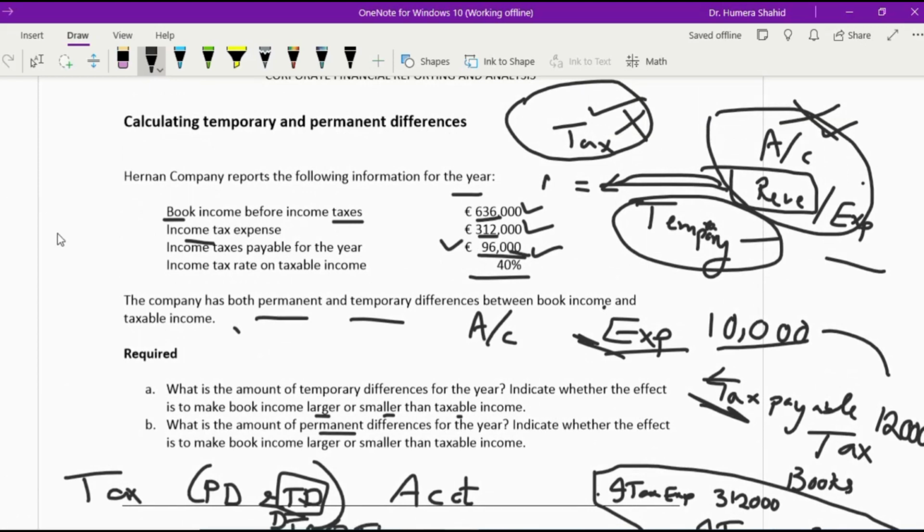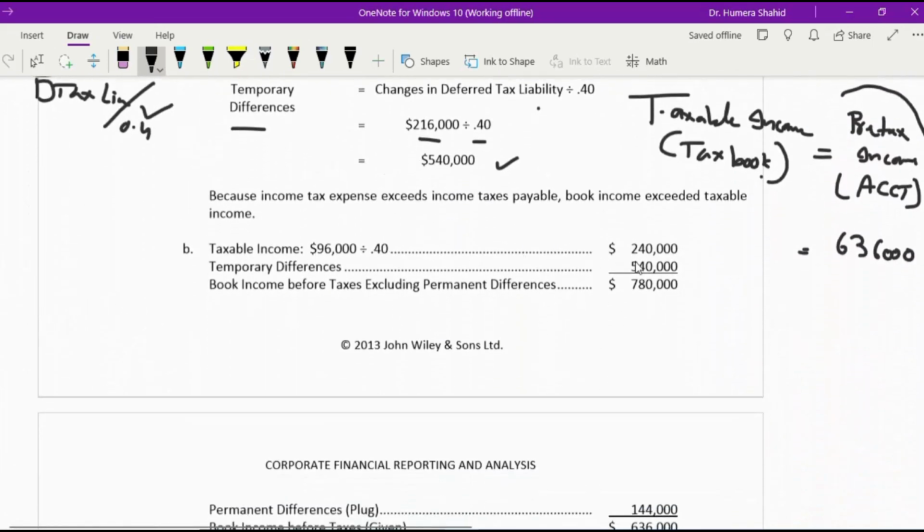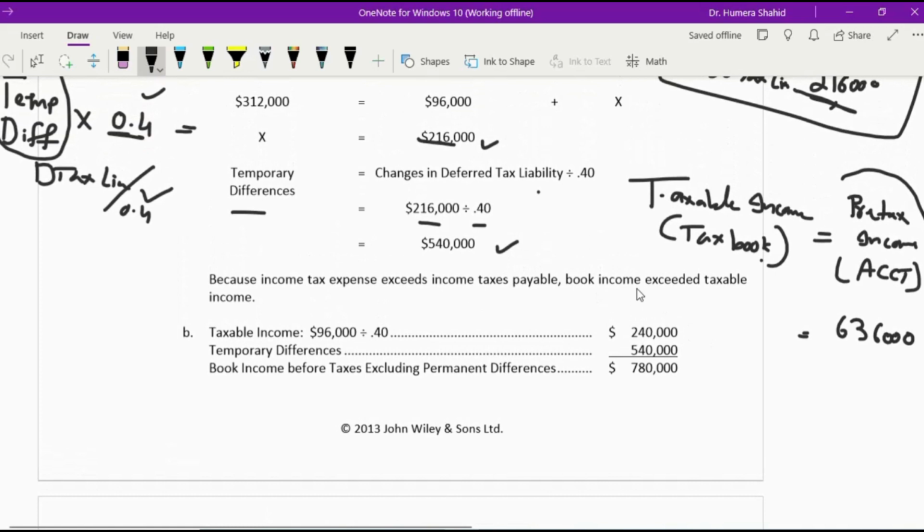So whatever was taxable income in the tax book, I multiplied that with the tax rate, and I get 96,000, right? So if I want taxable income, I can divide 96,000 by 0.4 and get my taxable income. When I simplify this, I get my taxable income of 240,000.